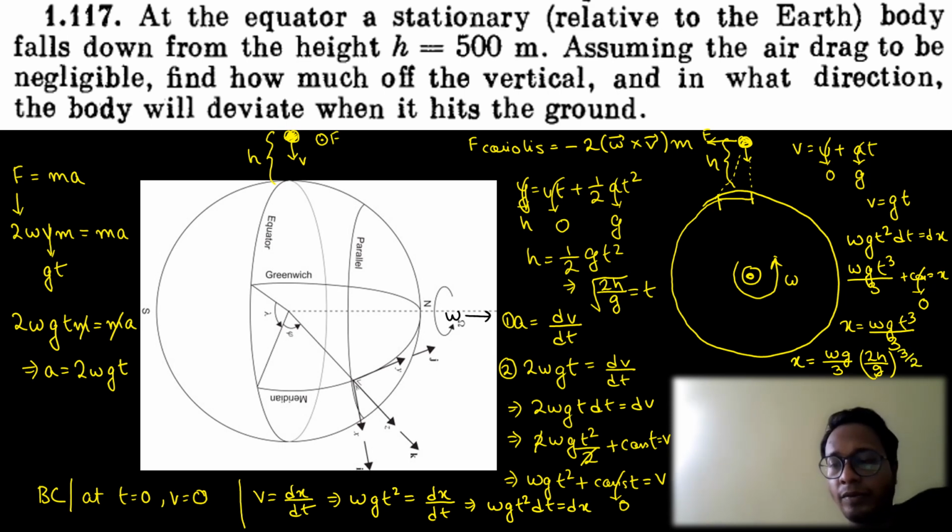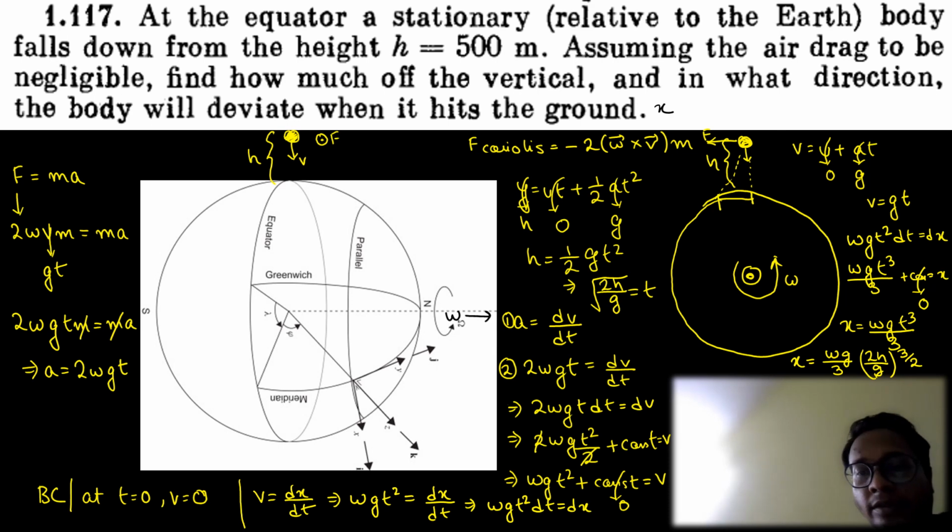So here the deviation is equal to omega g by 3 into (2h by g) to the power 3 by 2.